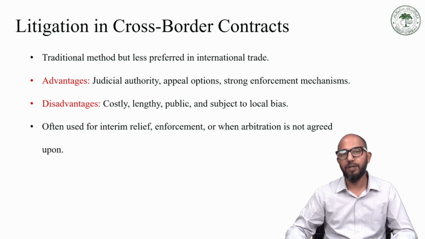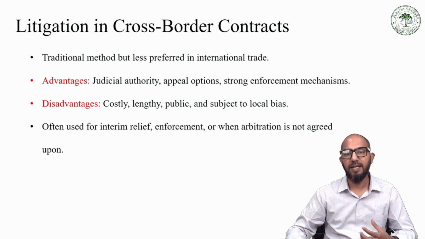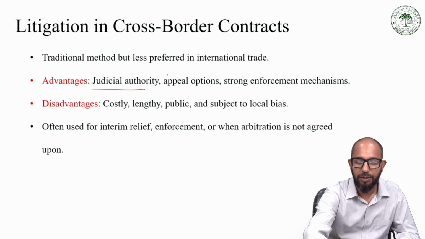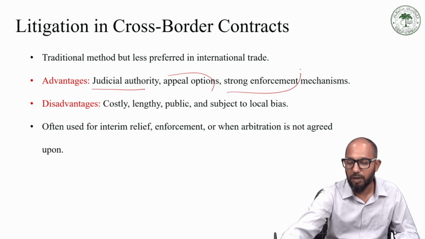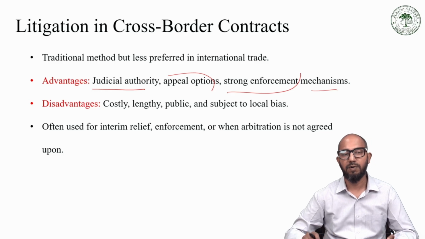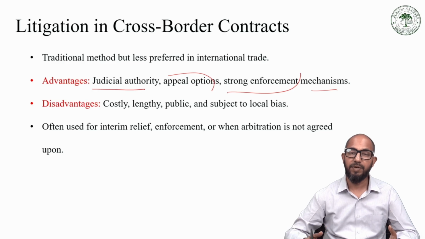The next important issue is litigation in cross-border contracts. There are different traditional methods, but they are less preferred in international trade because of the dynamic nature of international trade. But still, in litigation in cross-border contracts, there are certain advantages such as judicial authority, appeal options, strong enforcement mechanisms, etc. Similarly, there are certain disadvantages in case of litigation. Litigations are costly, they are time taking, that is lengthy, and public.